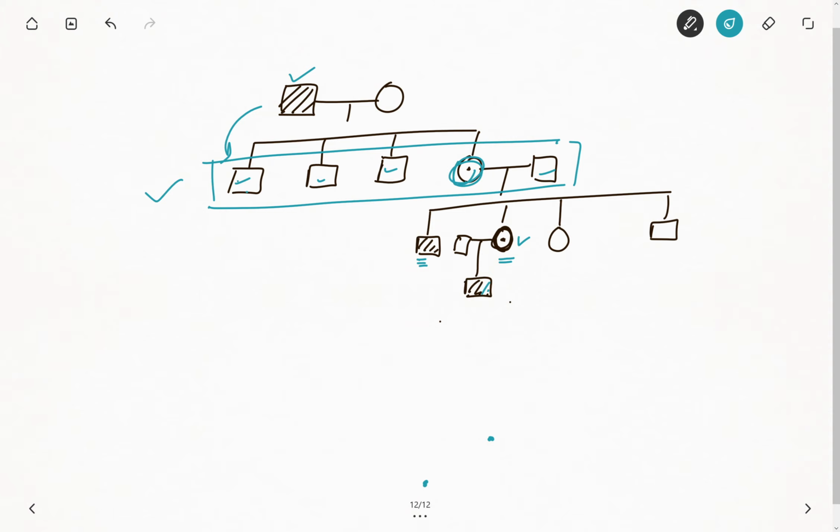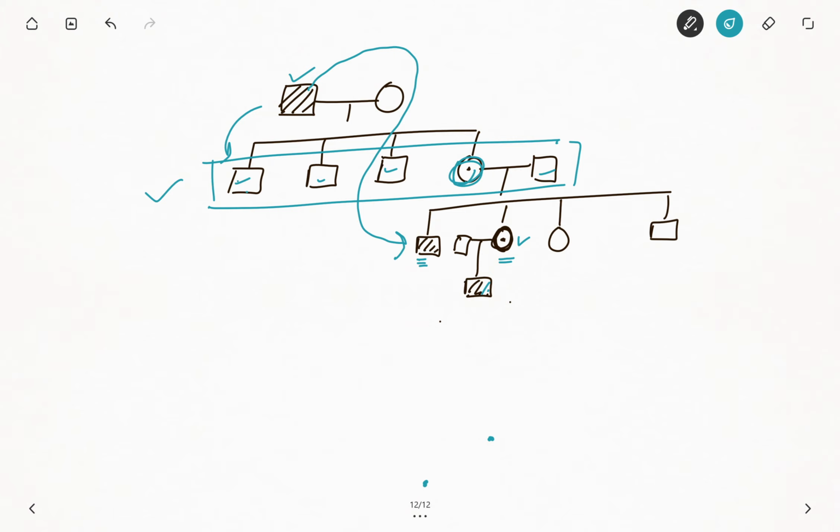So here this father is transmitting the gene to his grandson. There is no direct transmission, but through a generation there is transmission. So this is another feature.